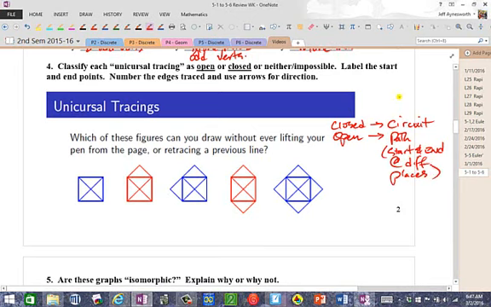So on this one here, we start. Sorry guys, start and end at the same place or vertex. That's for a circuit. Okay, so here we go.